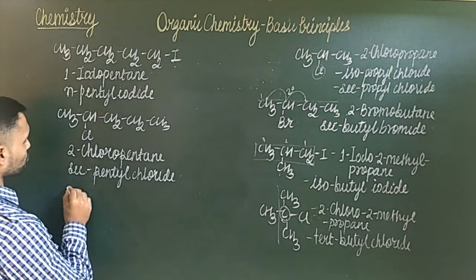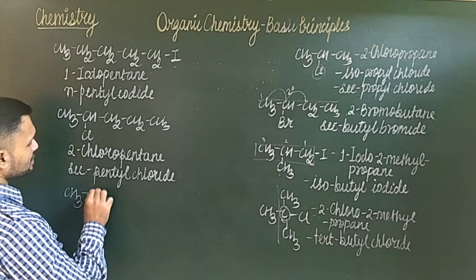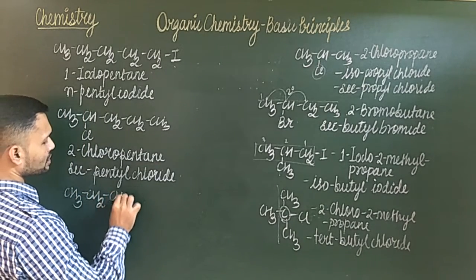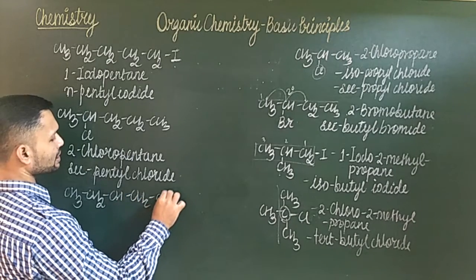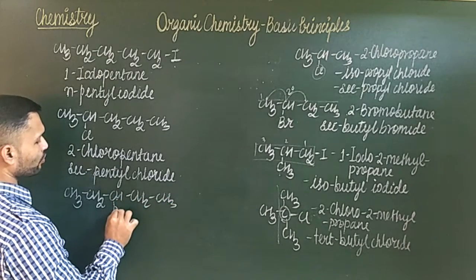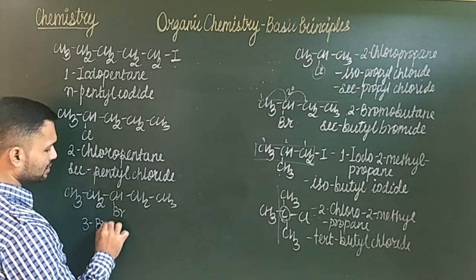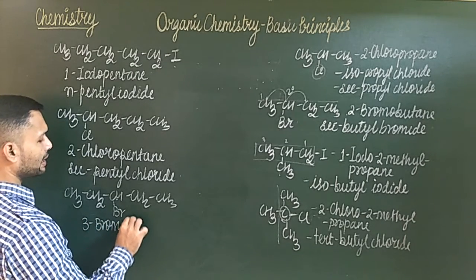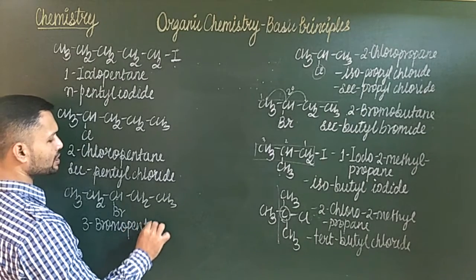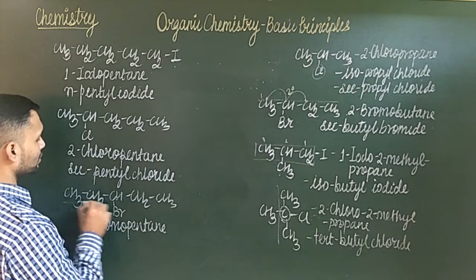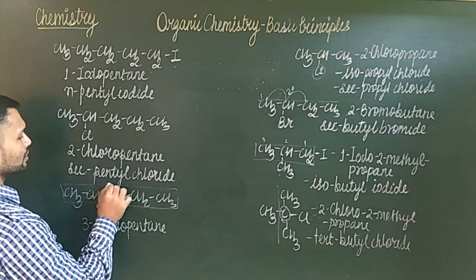Now the confusion comes over here. CH3 CH2 CH CH2 CH3. Suppose this is bromine. So the IUPAC name is quite clear over here. That is 3-bromopentane, because we have longest chain of 5 and only the third carbon bears the bromine.